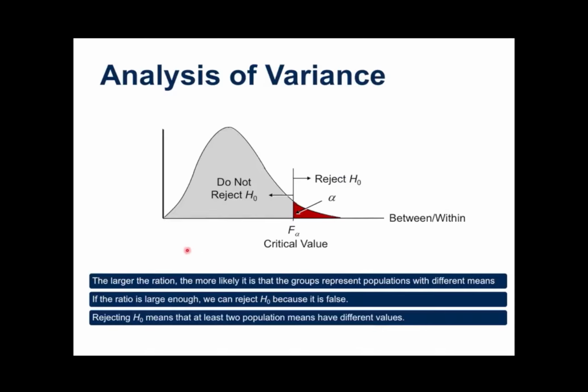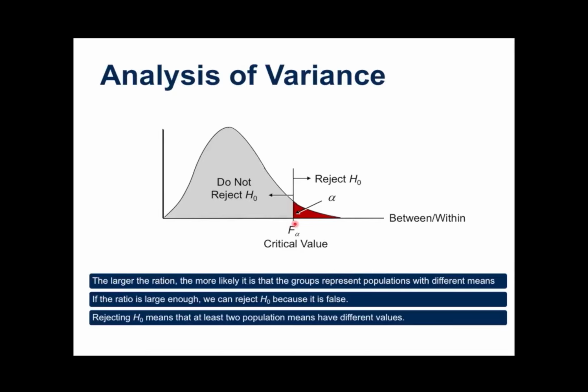This is very familiar thinking from the z-test. Just because we're calculating a new statistic, it doesn't change the fundamentals of what we're doing in the class. Effectively, if we have a ratio that's large enough, we'll have a large F value, and we will be setting a significance level so that it should be relatively rare. Typically it's going to be at the 0.05 level: if the null hypothesis were true, we would not observe a value this large or larger any more than 5% of the time, 5 out of 100.